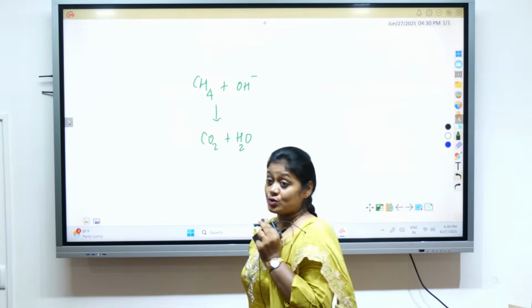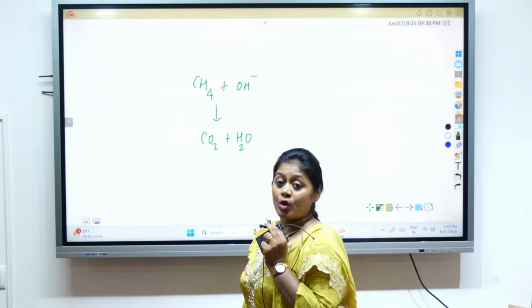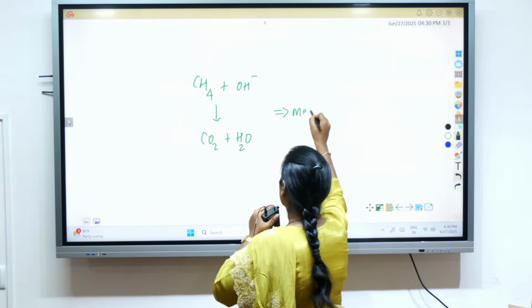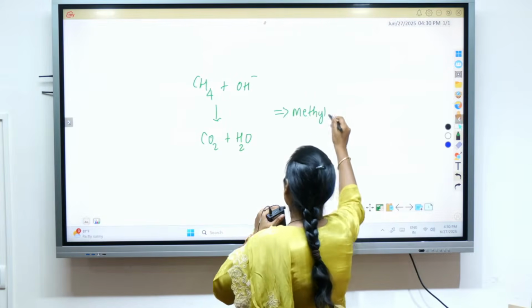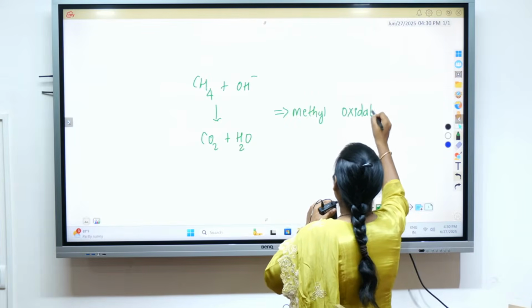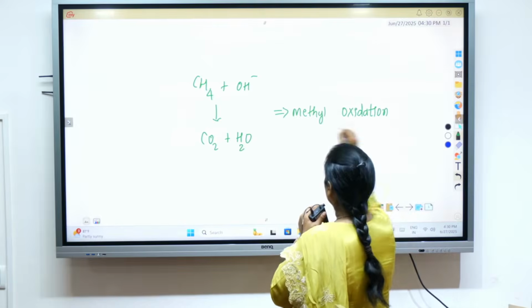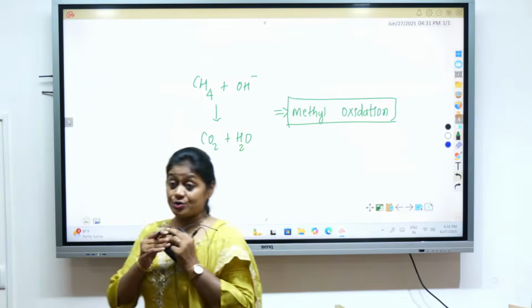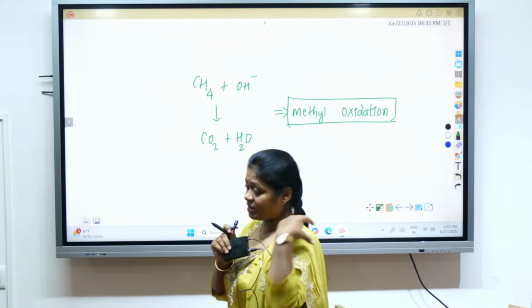Okay, this is known as methane oxidation. The process is known as methane oxidation. Even the first process, that too is referred to as methane oxidation. Oxidation of methane, consumption of methane.